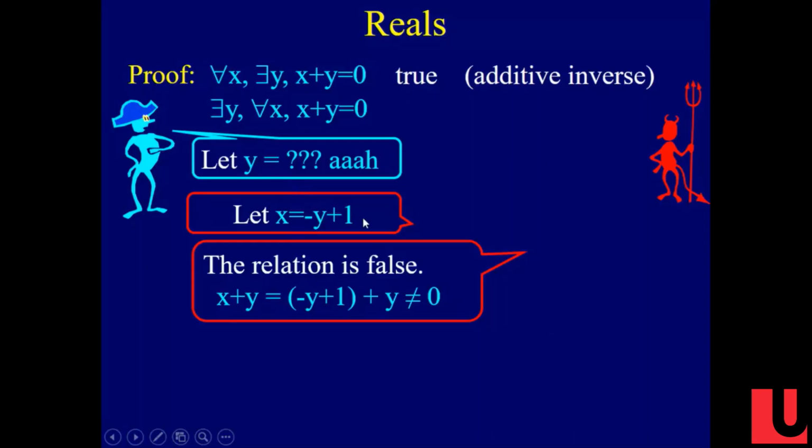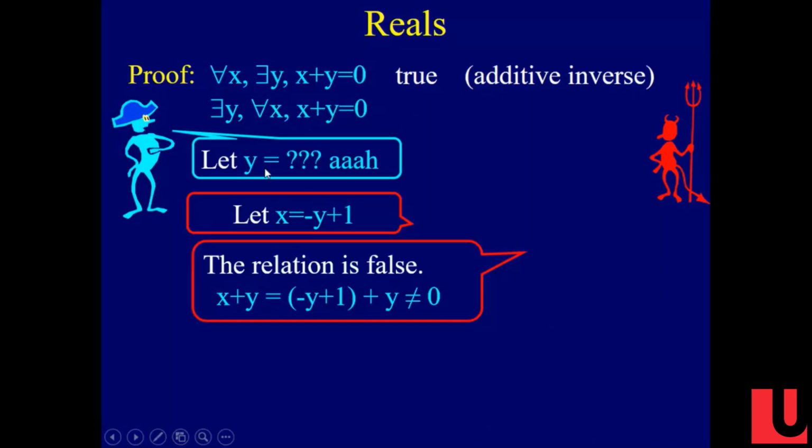It's not 0, right? People see that? In fact, if you note the nuance of what we did, if I said let y be arbitrary, right, what we did is we just proved that the negation of this was true. The negation is for all y, there exists an x, that x plus y is not 0.